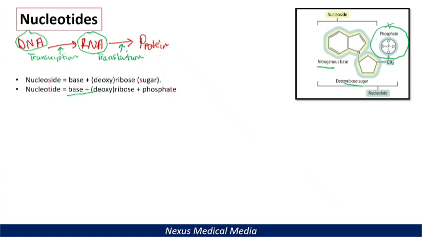Then next you need to know the nitrogenous bases. How many do you have? Can you think of their names? Right, so the first one is adenine.